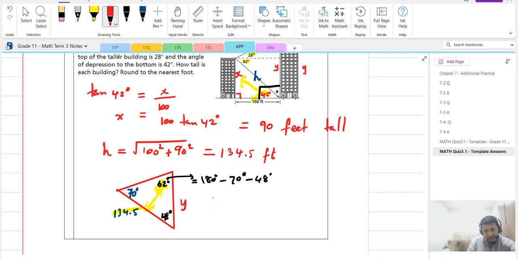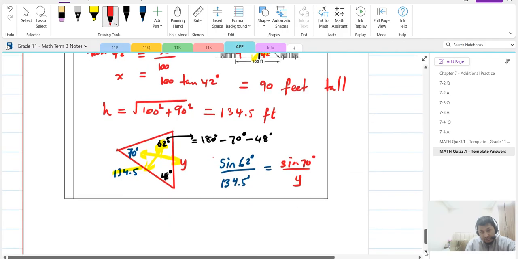So we've got angle side. So sine 62 degrees over 134.5 is equal to sine 70 over y, because the side y is directly opposite angle 70. Now we solve for y.